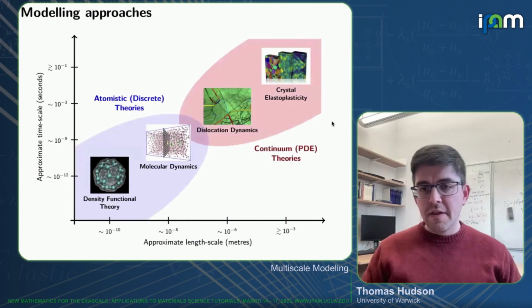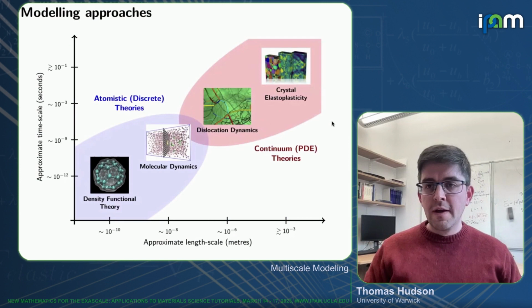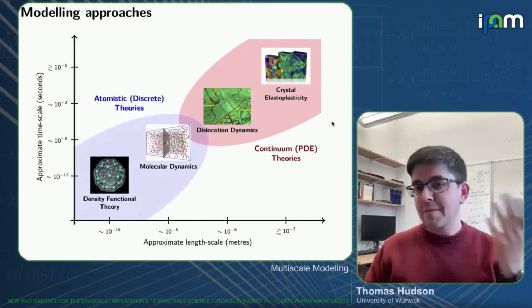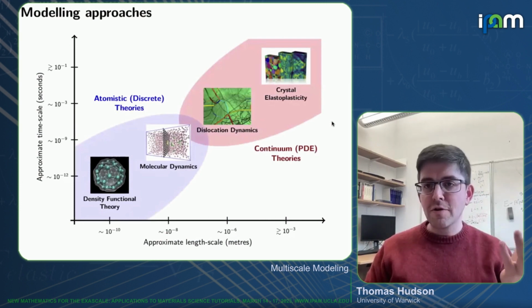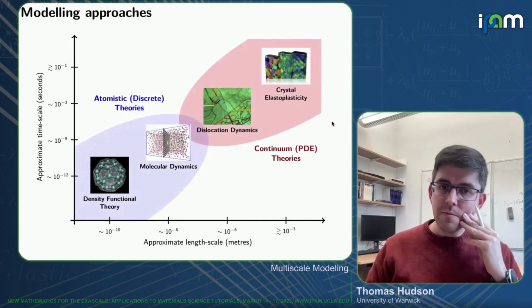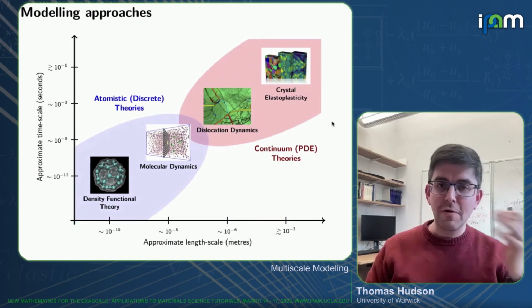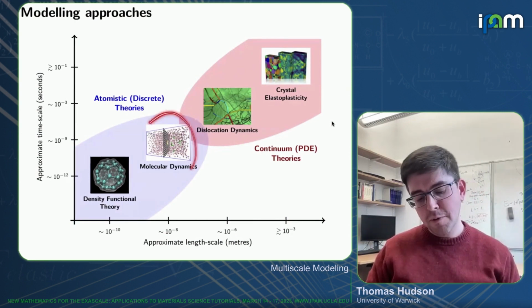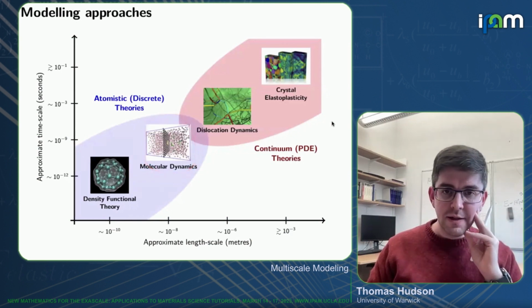The other way that you can divide this diagram is that there are two distinct flavors of models here in terms of the phenomenology of what we're actually describing. At the bottom left, we've got models that have a proper description of the nuclei in a material: the atomic nuclei in density functional theory, or the proxy for the atomic nuclei in molecular dynamics.